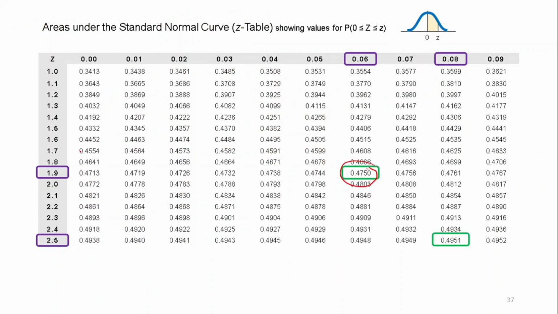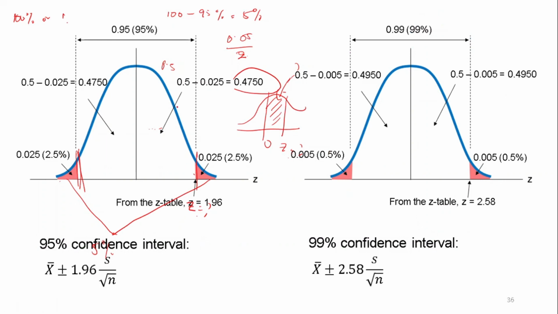You get 1.96. 1.96 is our Z value. So for a 95% confidence interval, our Z value is 1.96. Written in the confidence interval formula, you get X bar plus minus 1.96 times S divided by root n.